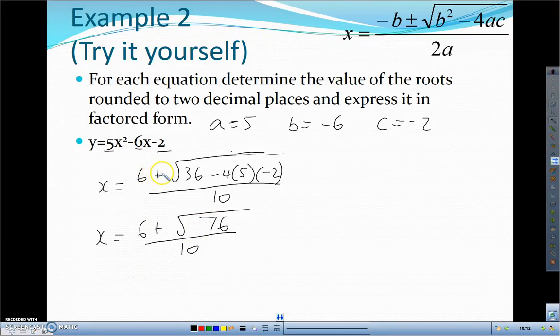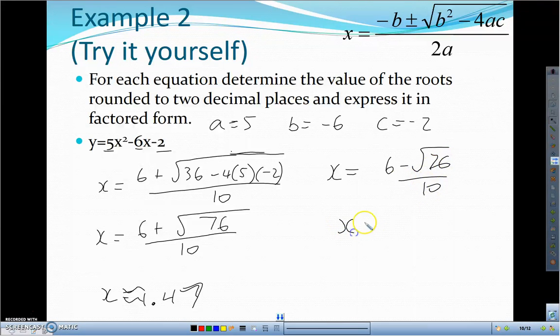Now, I've also put this as plus, so x is equal to, in this case, 1.47. Again, I should be using that approximately equal sign, so it's not exact. And then on the other side, I don't have to do any more work because I've already done it all here. The only thing I change is this plus to a minus, so it's 6 minus root 76 divided by 10.